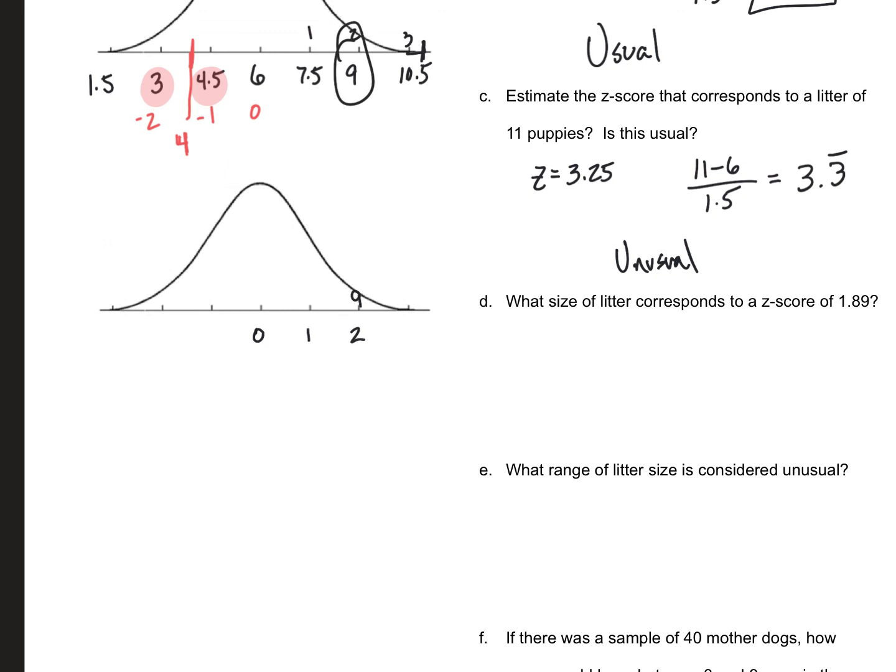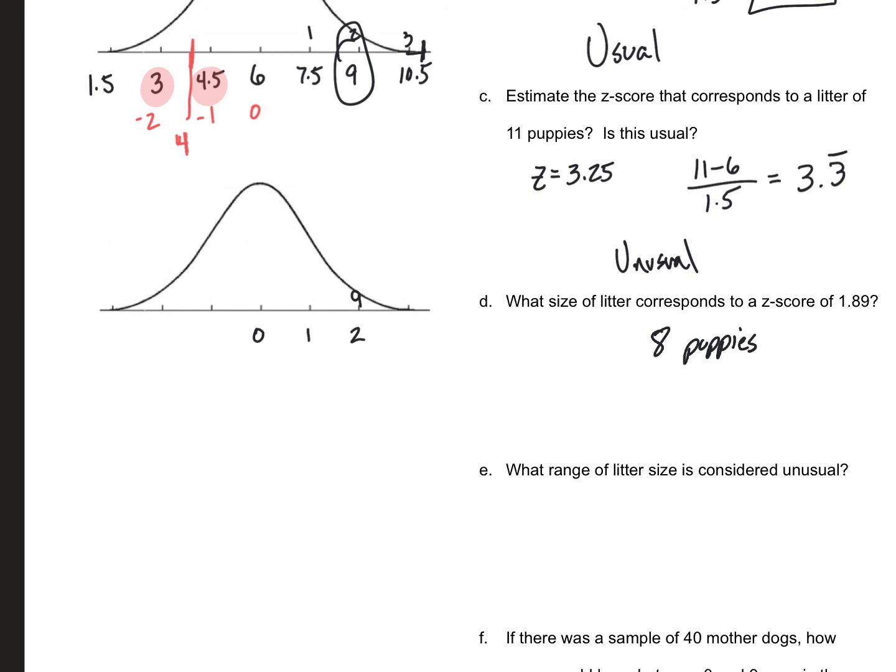So this is incredibly close to but below our second deviation. And these are puppies, so we're not going to deal with percent or proportions of these. This is going to be probably 8 puppies, because it is not a full 2 deviations.